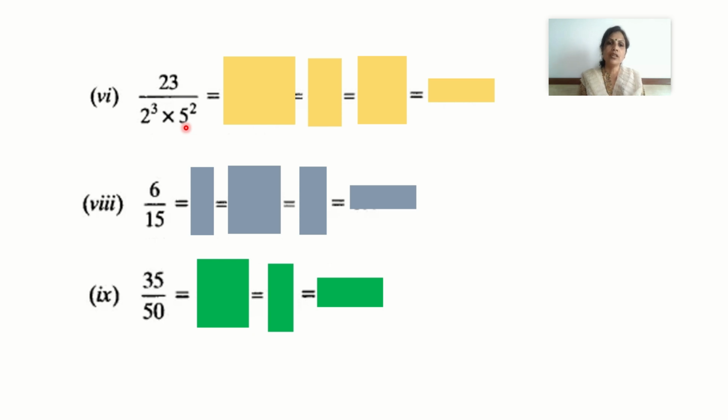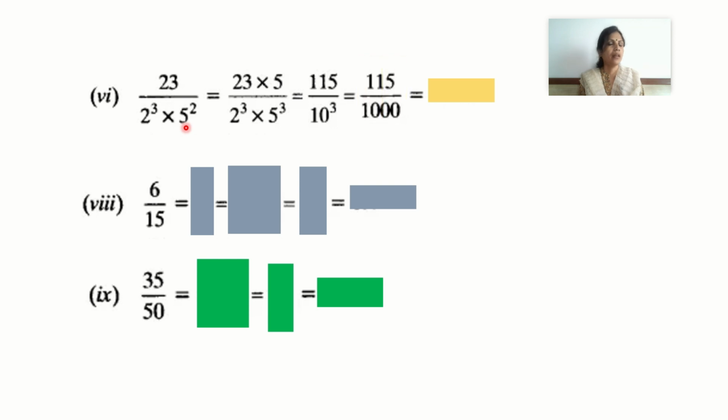So 23 into 5 upon 2 raised to 3 into 5 raised to 3. So that will give me 10 raised to 3 at the denominator, and numerator will be 115. So 115 upon 1000, give the decimal point, 0.115 is the answer.